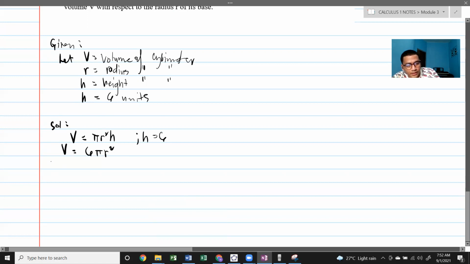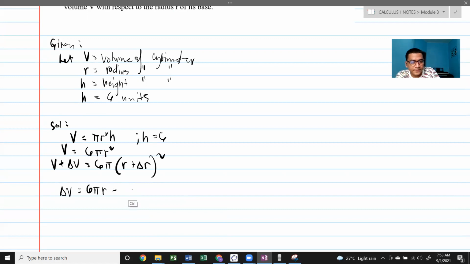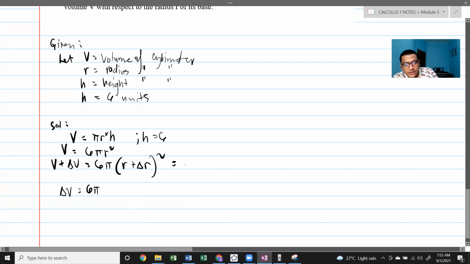Our step one, let's assign increment. So this would become V plus delta V equals 6 pi times (r plus delta r) squared, and isolate delta V. So we have delta V equals, let's distribute, 6 pi times (r plus delta r) squared. This is a perfect square polynomial, so let's just expand this one: r squared plus 2r delta r plus delta r squared. Brackets are needed since we have parentheses inside.